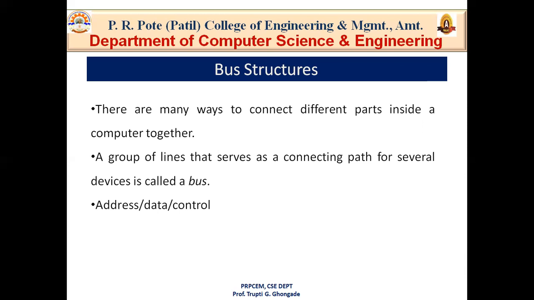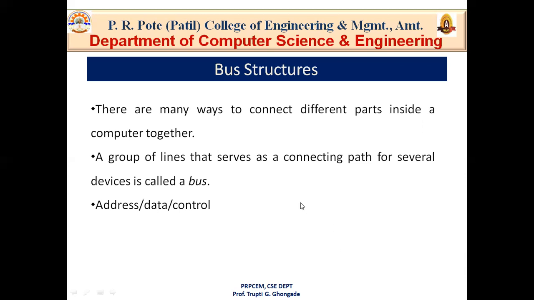So what is the data bus? Now we know that the memory data register is used to read and write data to and from the memory. So what is the data bus? The data bus consists of 8, 16, 32 or more parallel lines.